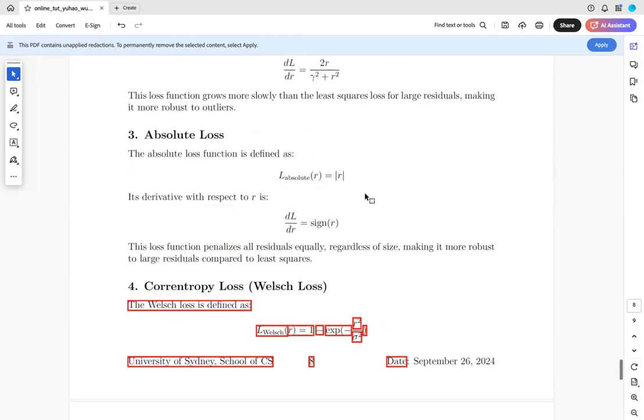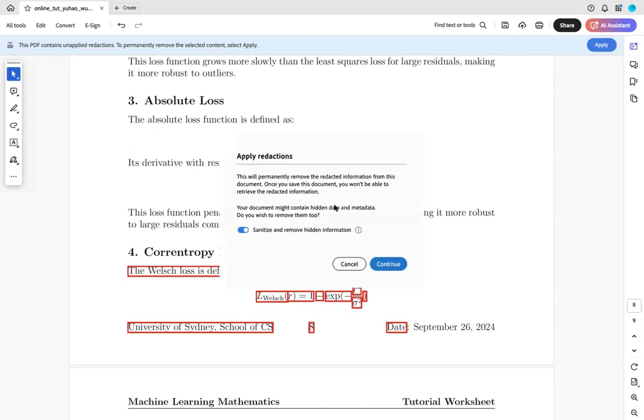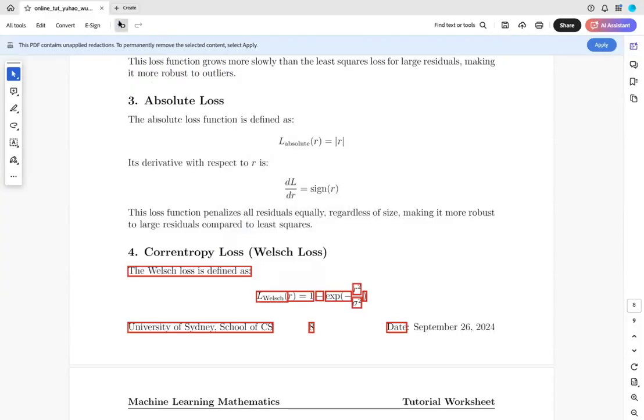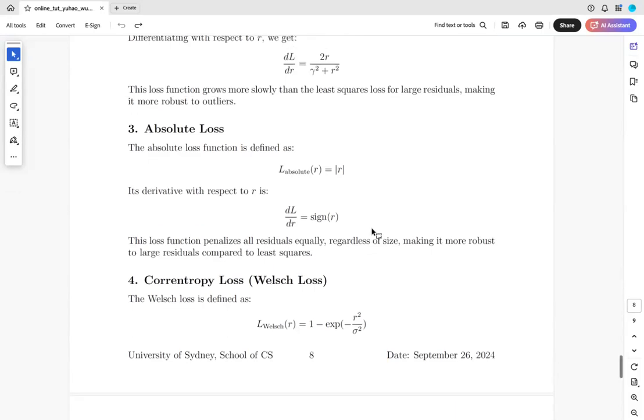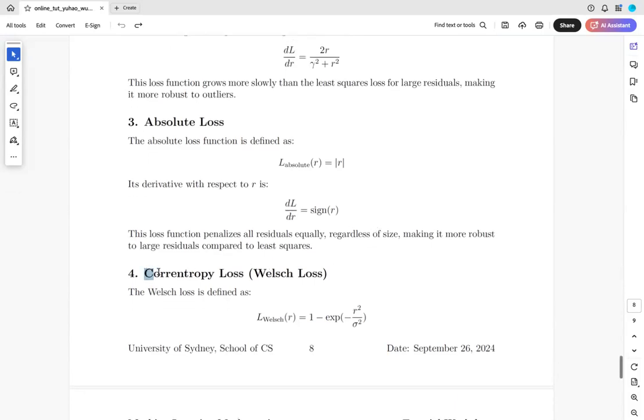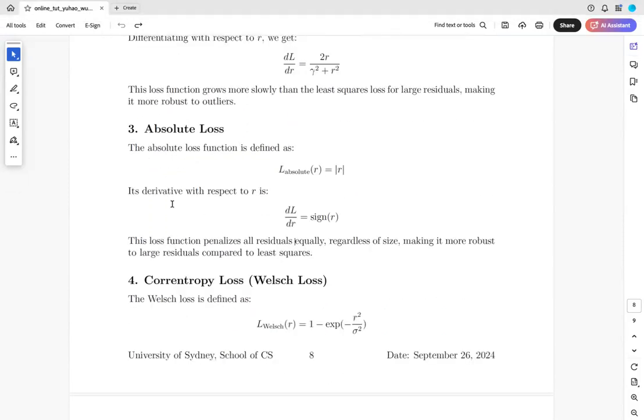So the robustness does not have any relationship with these scale parameters. And what is the difference between the Cauchy loss and the cross entropy loss? Actually, these are different loss functions from different distributions, and the loss functions look different.